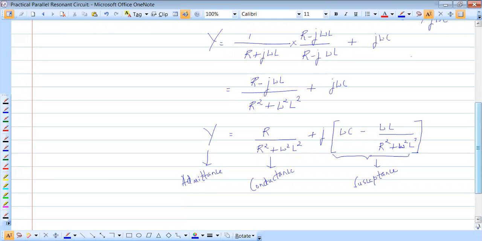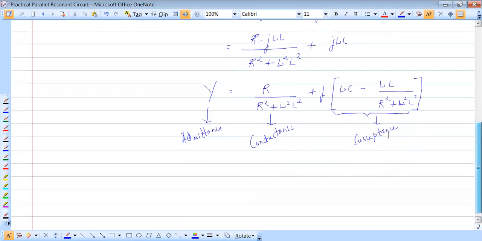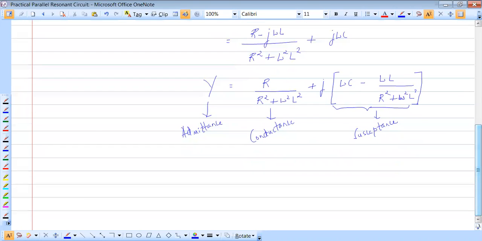Now, what statement can we make? As we used to say in series resonance, the same thing can be said about the parallel resonance circuit also, whether it is theoretical parallel resonance or the practical parallel resonance circuit that we're seeing now. Everybody take down this.